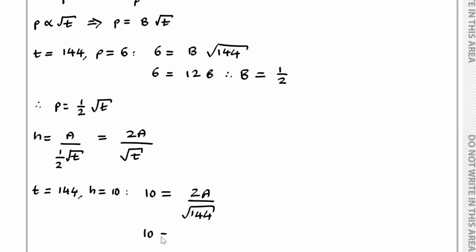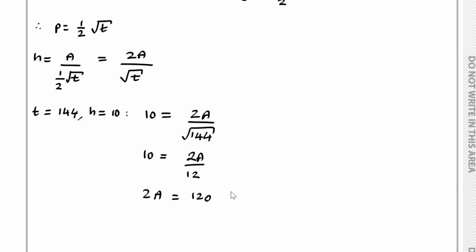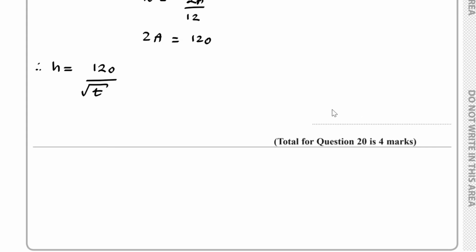So we have 10 equals 2a over 12. So therefore 2a is equal to 120, in other words, 10 times 12. And knowing the value of 2a, we can replace the 2a with 120. We can therefore conclude h is equal to 120 over the square root of t.